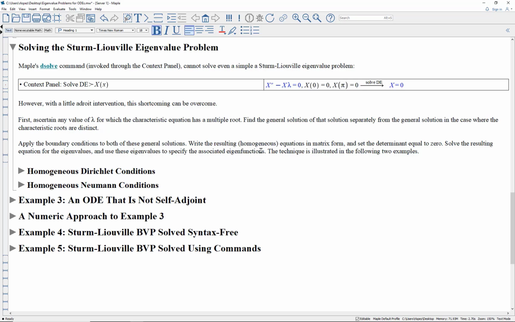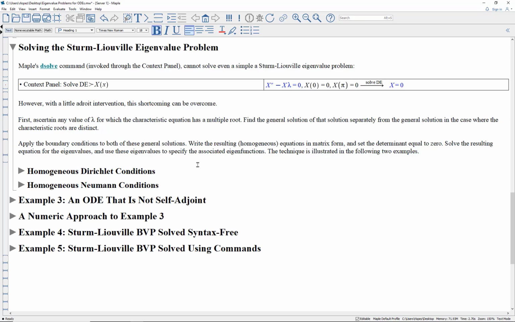If you put them in a matrix form and take the determinant, set that equal to 0, you'll have an equation from which you can extract the eigenvalues, because those will be the values that make that determinant 0, so that the coefficients are not both 0. And from that you get the eigenfunctions.